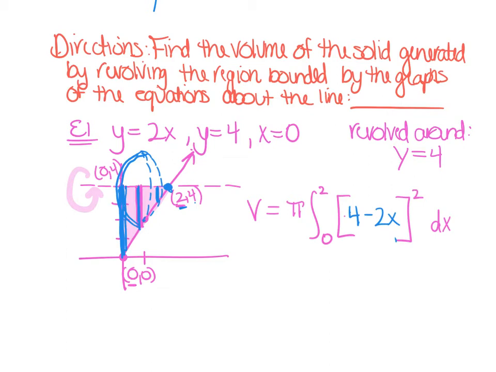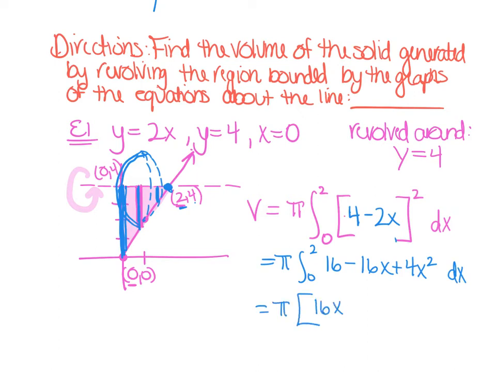So now at this point, it's the same thing we did yesterday. I would FOIL this first, and then integrate with respect to x and evaluate from 0 to 2.